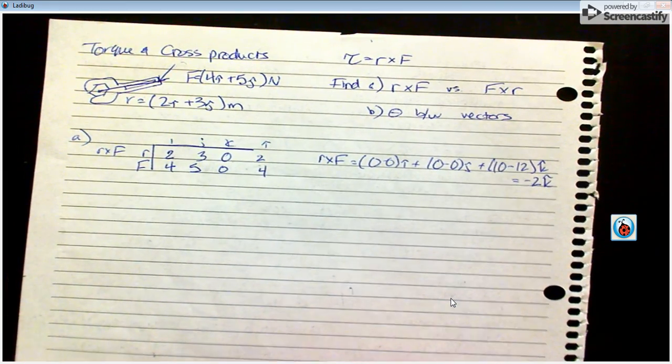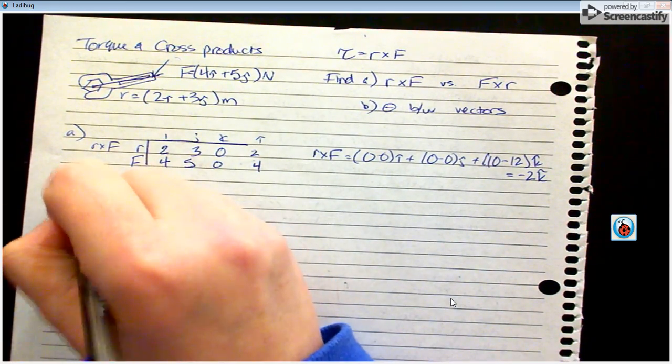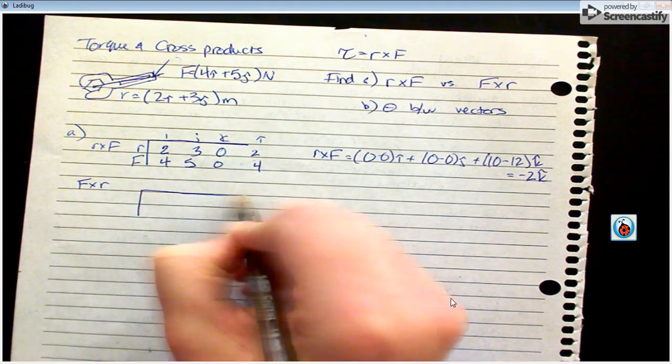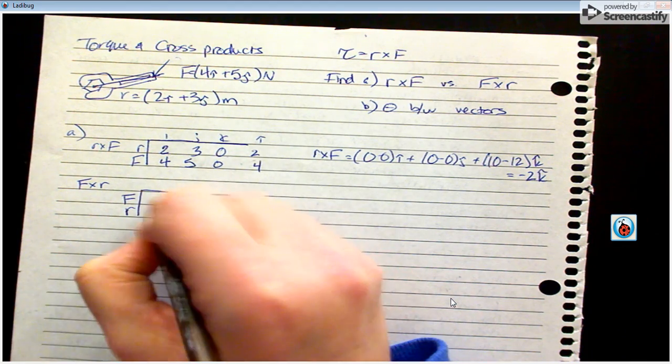Okay, now, second part of A, what would we get if we took F crossed with R? So that means F is going to be on the top row.